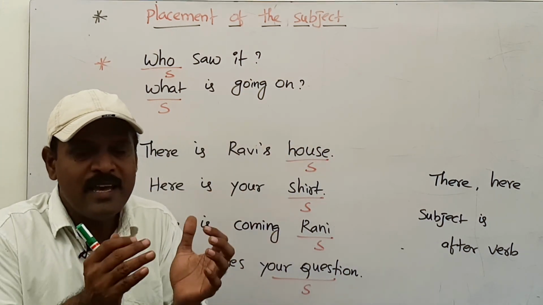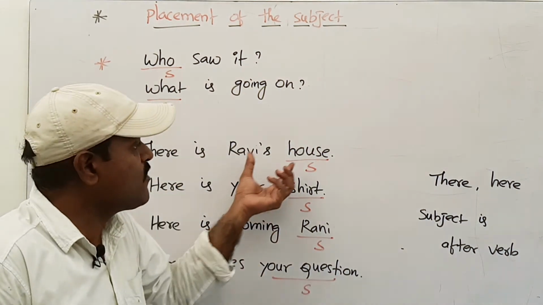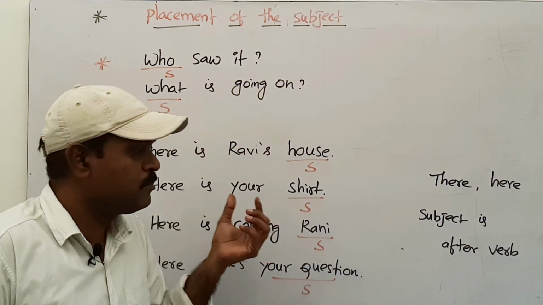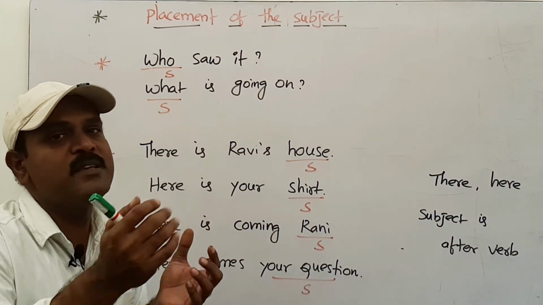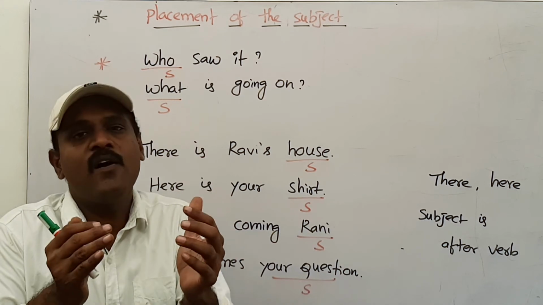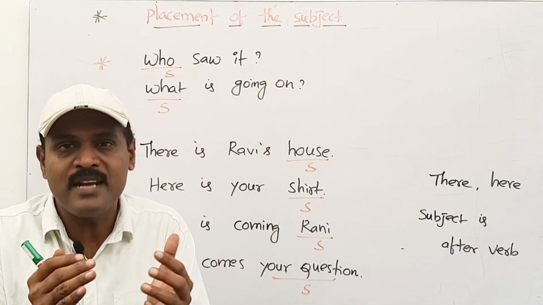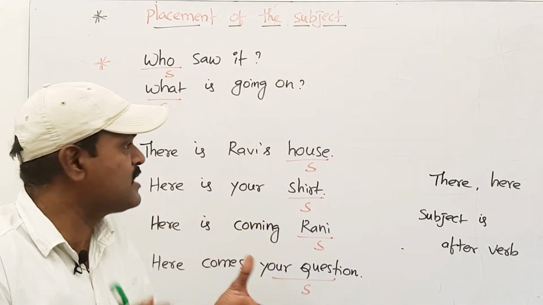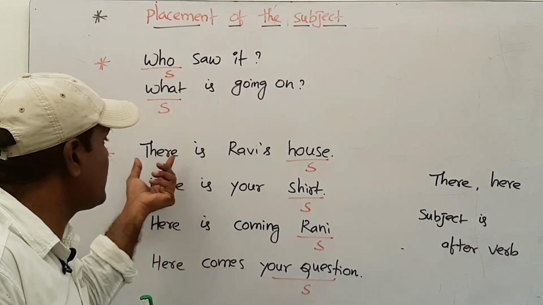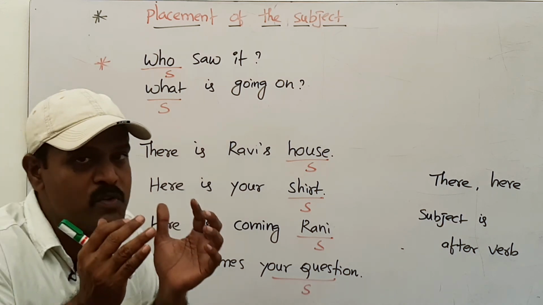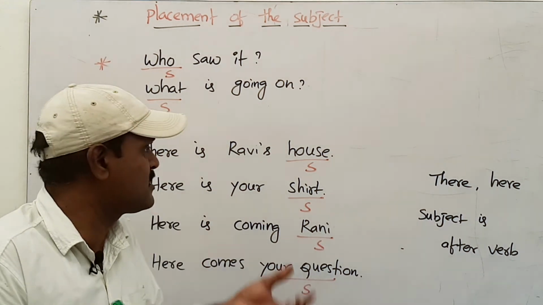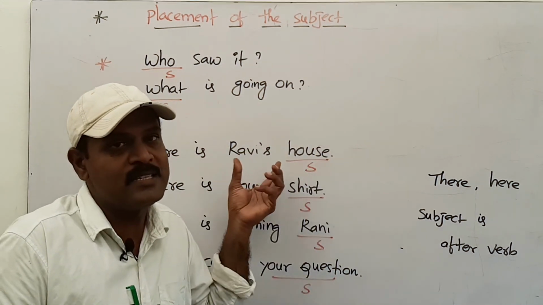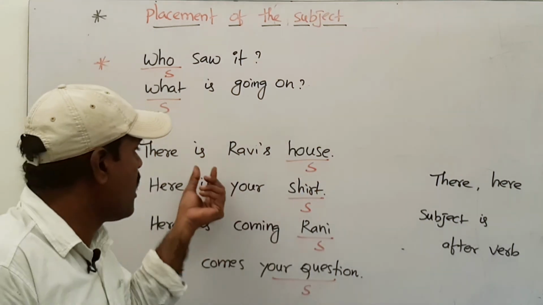Here the actual subject is Ravi's house, but not there. There is the dummy subject. For the sake of framing the sentence, we need subject and verb and object. So that's why we place a dummy subject like this, there, at the starting of the sentence, and then the real subject is Ravi's house. It is at the end of the sentence after the verb.